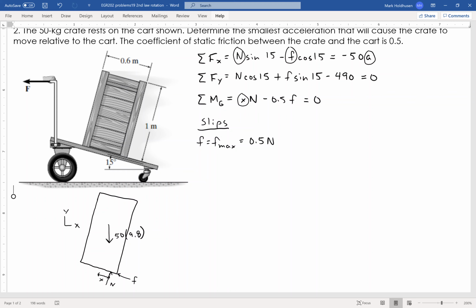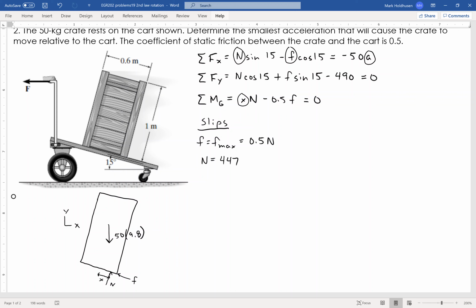Okay, so when that happens, now I've got a new equation. I can plug this guy into the sum of the forces in the y equation, and from that I can find that the normal force becomes 447.